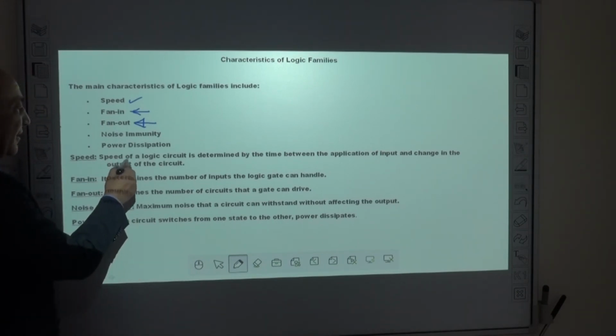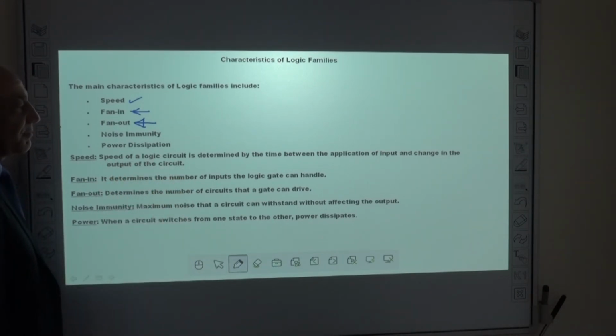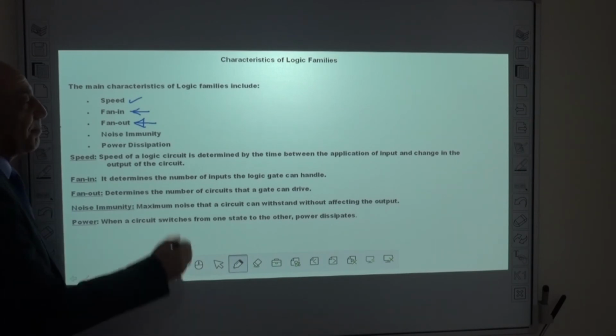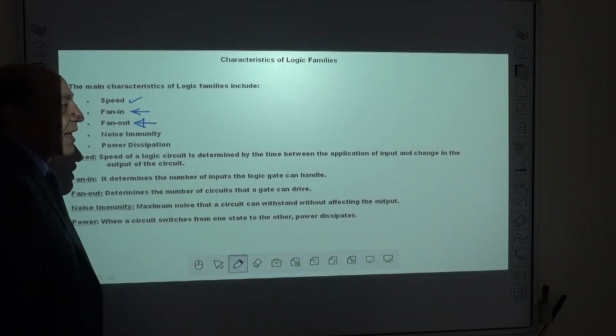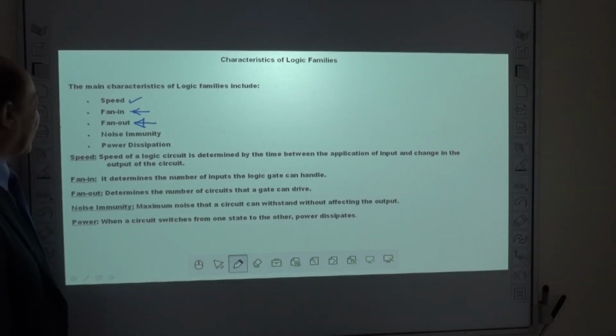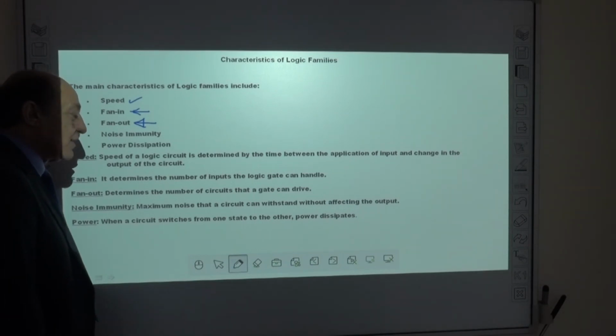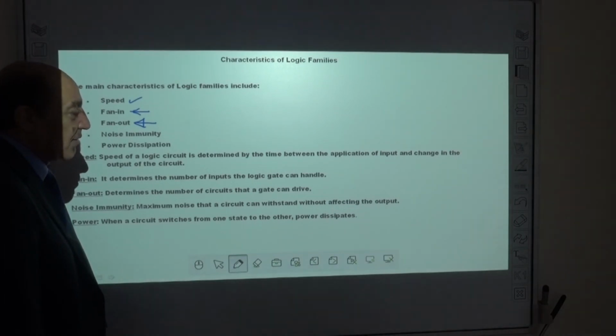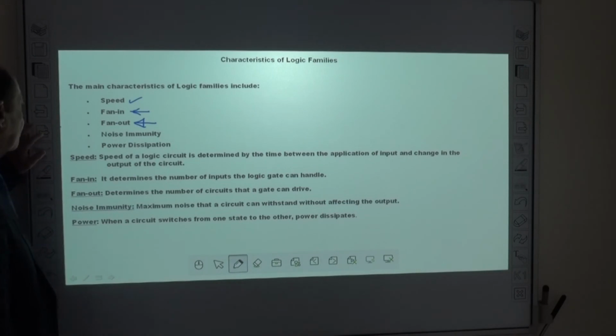The speed of a logic circuit is determined by the time between the application of input and change in the output of the circuit. Noise immunity, maximum noise that a circuit can withstand without affecting the output. Power, when a circuit switches from one state to the other, power dissipates.